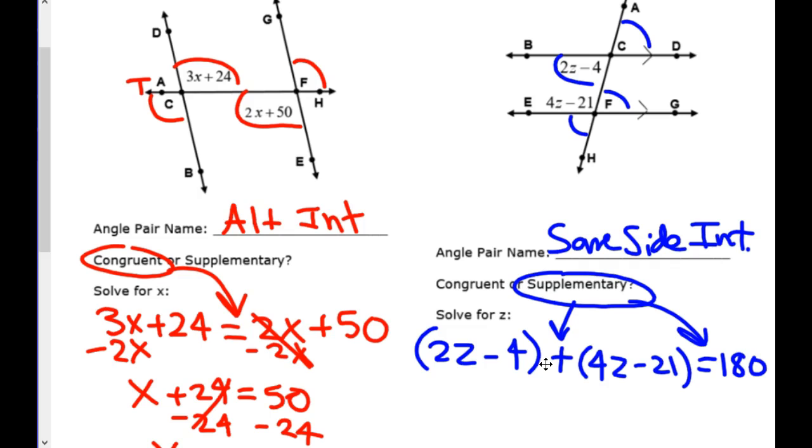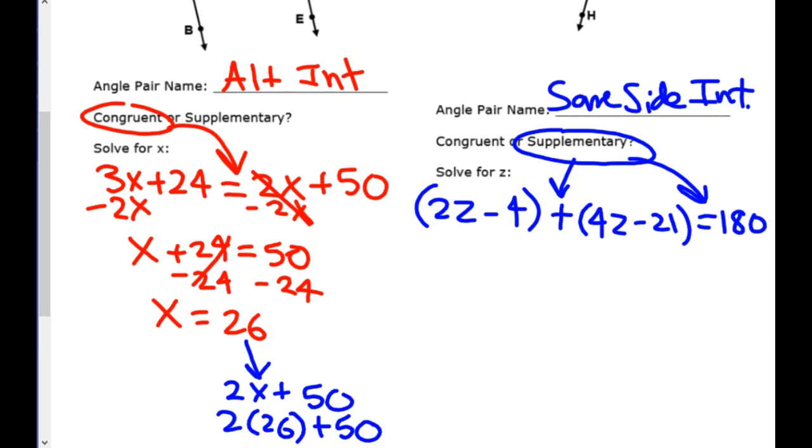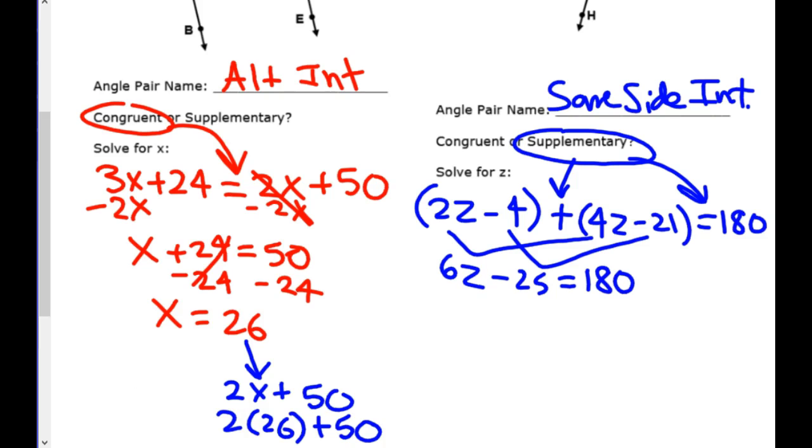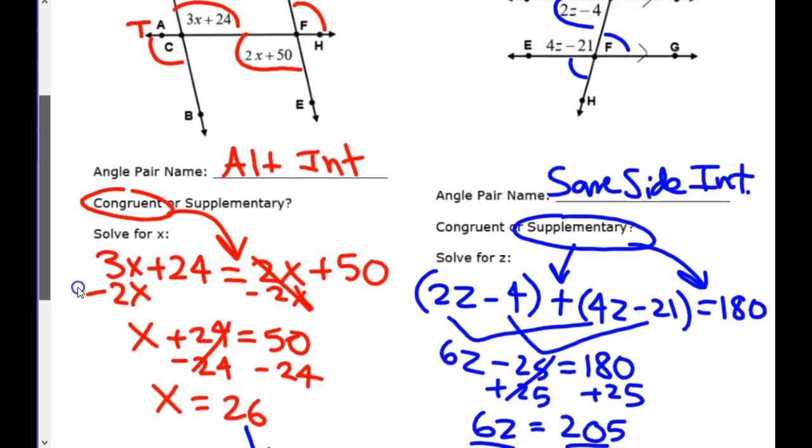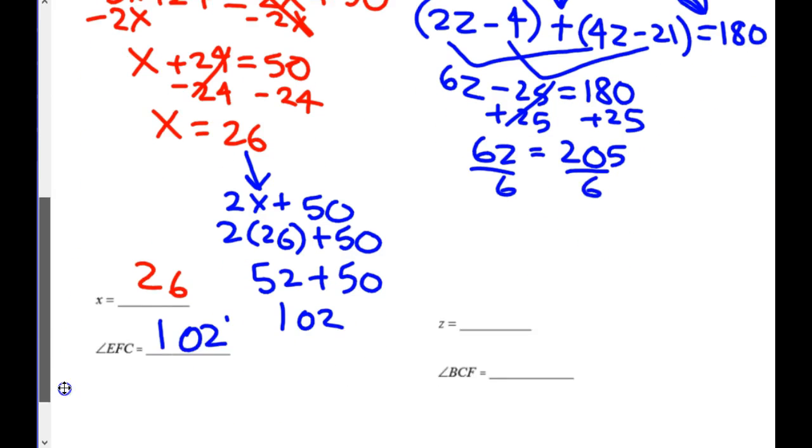Combine like terms. So 2z plus 4z, negative 4 minus 21, negative 25. Get rid of the loner. And then you divide. Now this one's super fun because it gives you a decimal, so let me help you out here.